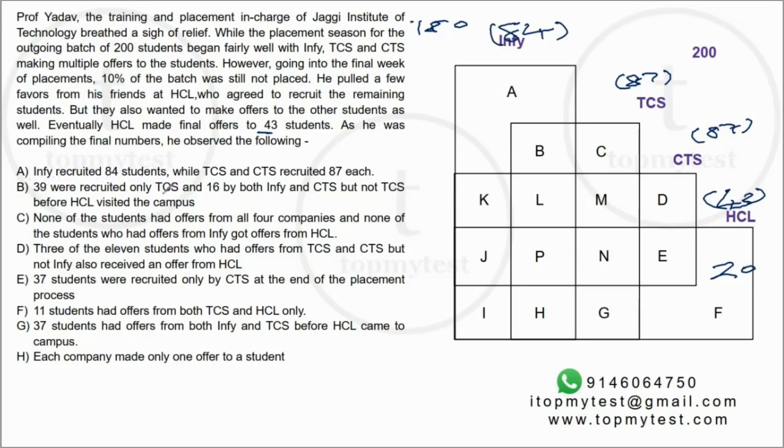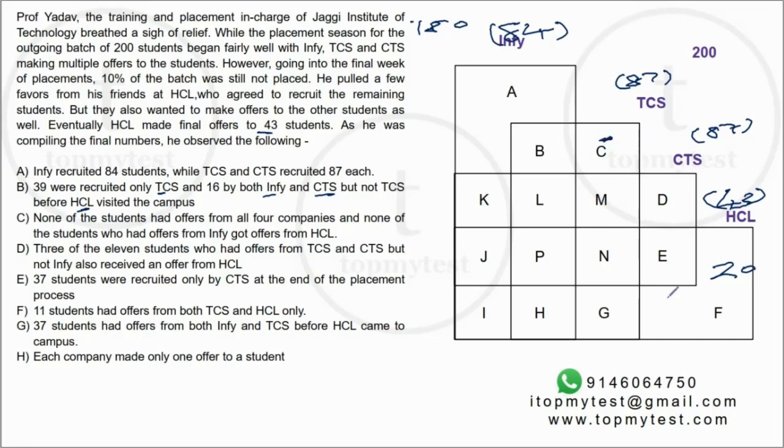39 were recruited by only TCS, 16 by both Infosys and CTS, but not TCS before HCL visited the campus. Before HCL visited the campus, 39 were recruited only by TCS. So before HCL visited the campus, they will have only the TCS offer.